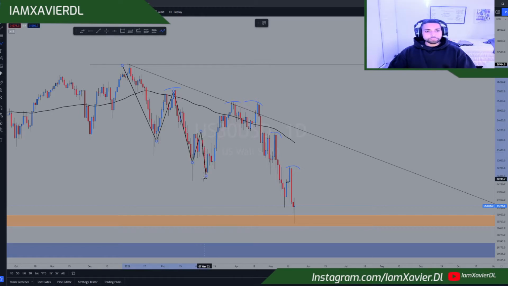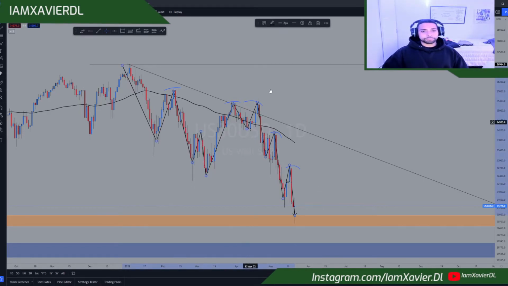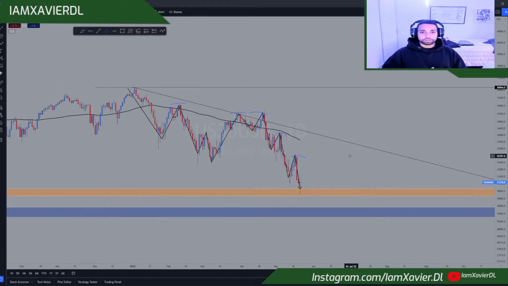What I am considering a lower high point is this price right here, which ended up making a double top pattern, and from here it gave us tons of areas where we could have entered, and pretty much where we are today. I'm going to focus especially on what happened these last couple of days because this is where we currently are.